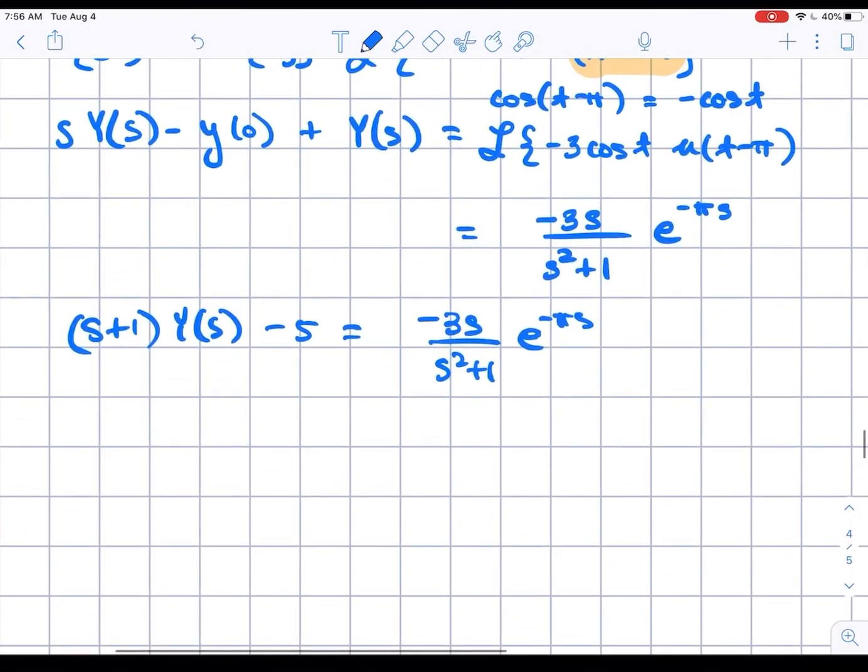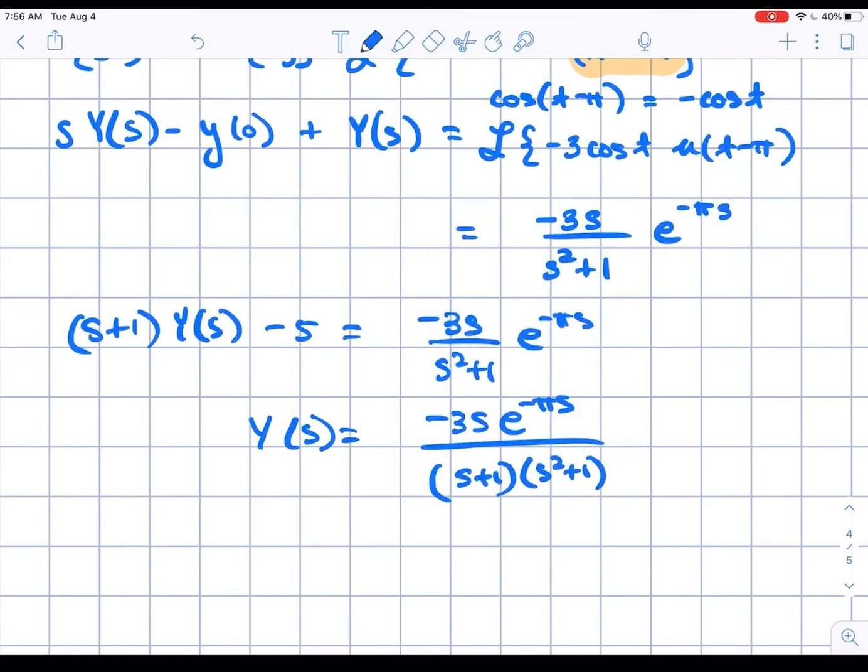So let's solve for y of s, and I get negative 3s e to the negative pi s all over s plus 1 and s squared plus 1. Okay, and then plus 5 over the s plus 1.